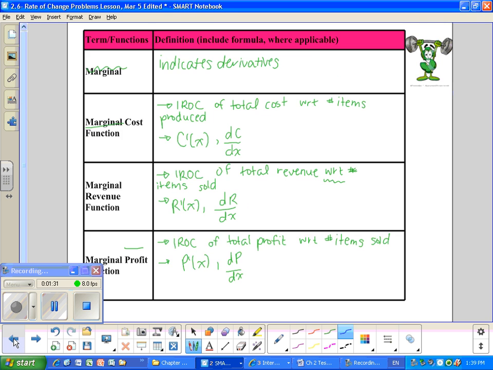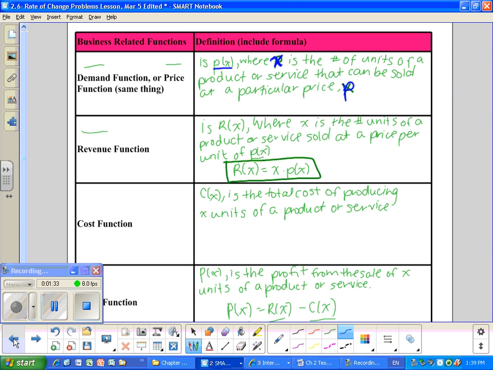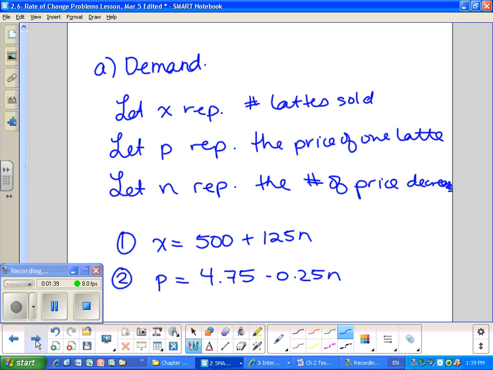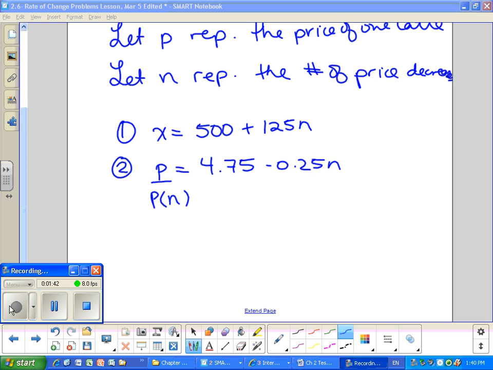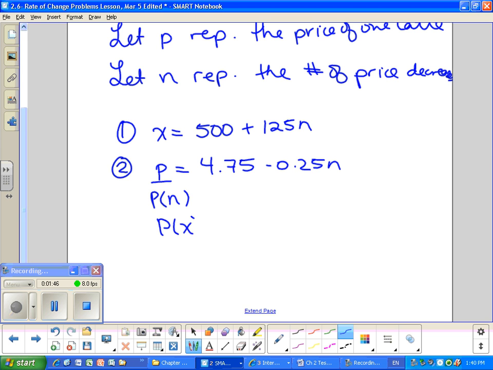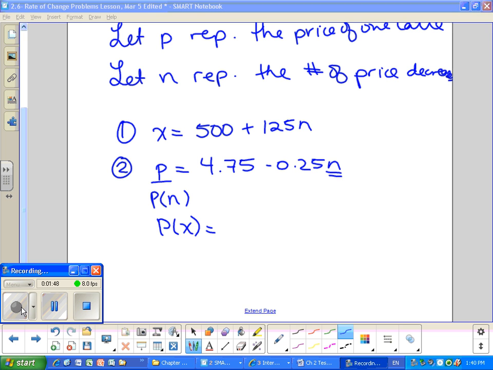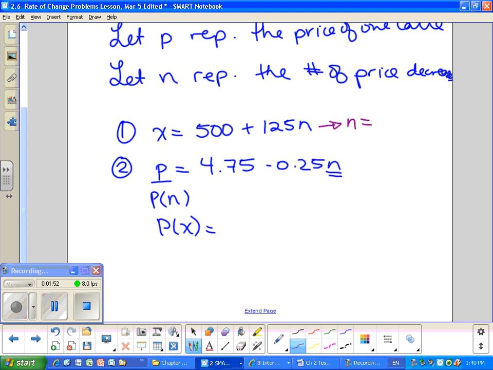So now, though, when you go back to your demand function, it is P of X. What do we have here? So what can we do to make this so that it's P of X? So we're going to rearrange this so that it says N equals. So if you rearrange, you're going to have X minus the 500 all divided by 125.